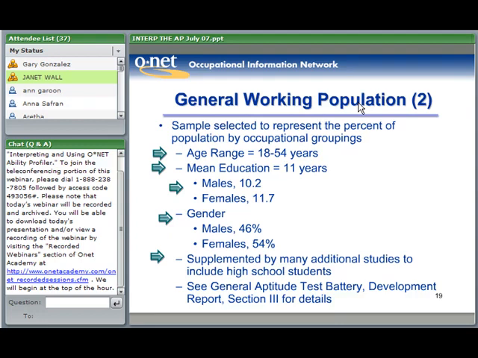Well, the norm group, as you can see, is 18 to 54. But it's these supplemental studies that allow us to actually go down to the 16-year-old level and utilize the norms. Again, there is a report that I mentioned that will give you far more detail about these norms and how they were created.